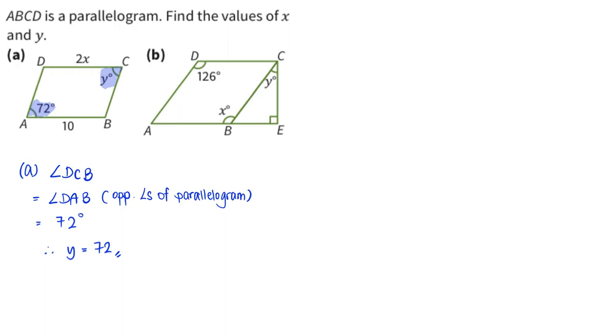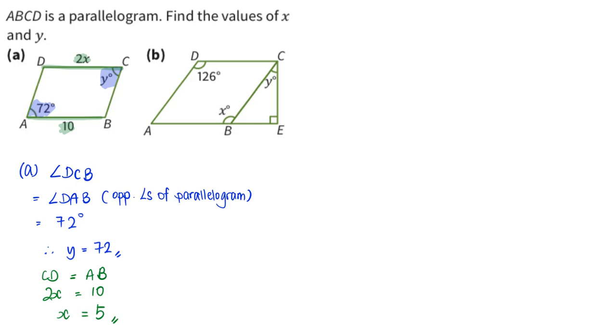The next thing is to find the value of x, and again, if we know the properties of parallelogram, we would know that AB and CD are equal to each other, and therefore 2x is equal to 10. From here, x will be equal to 10 divided by 2, which is 5.